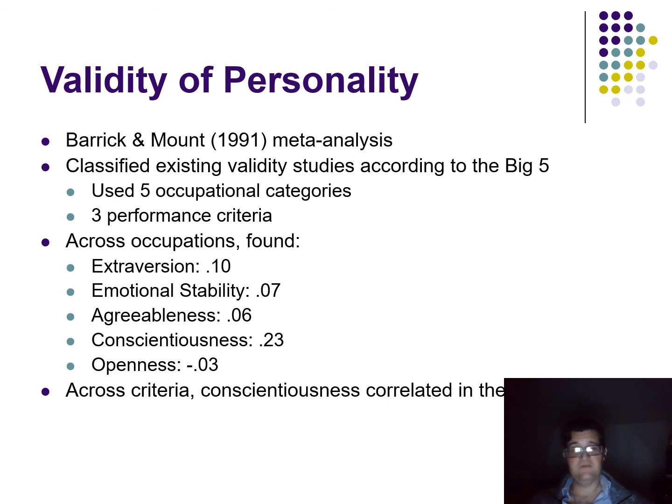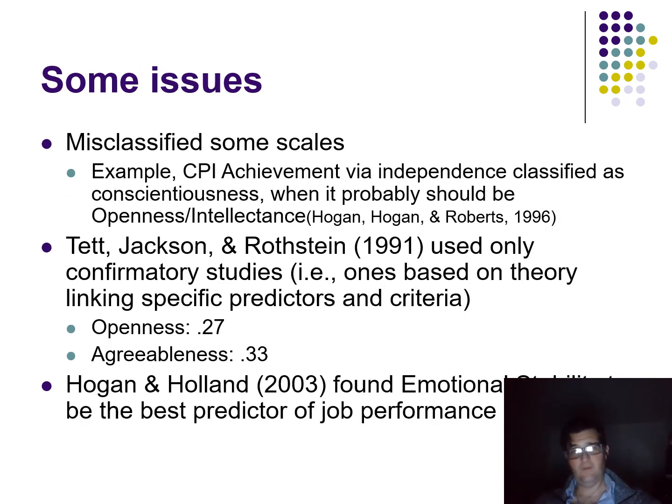And even though they made some mistakes, what they tended to find was that in general, across all occupations, extroversion had a small but reliable prediction of performance across all of their three performance criteria, and that conscientiousness actually worked pretty well. It doesn't matter about the criteria or the occupations. It works.